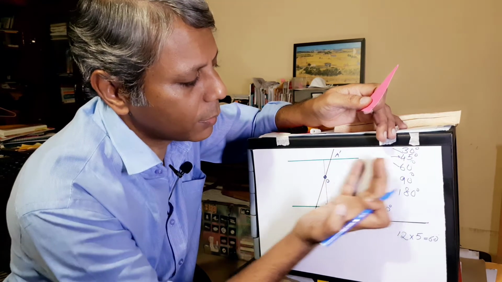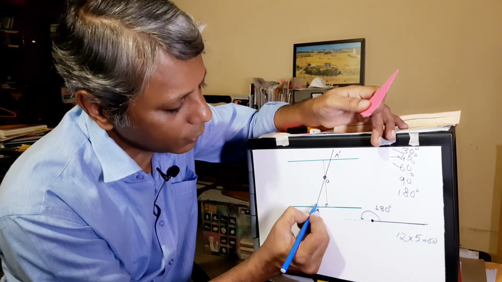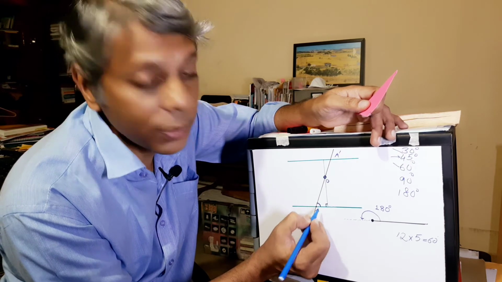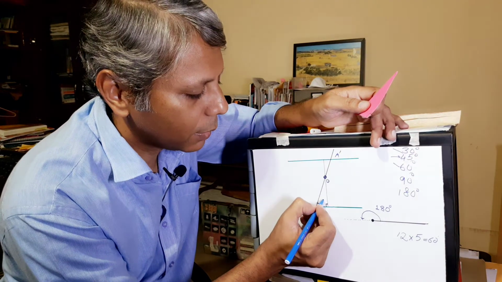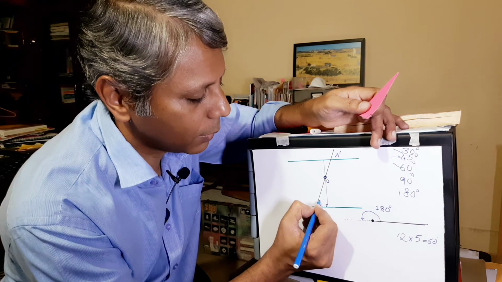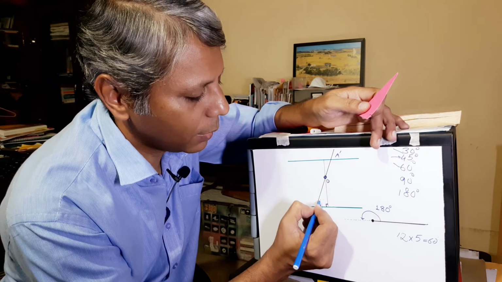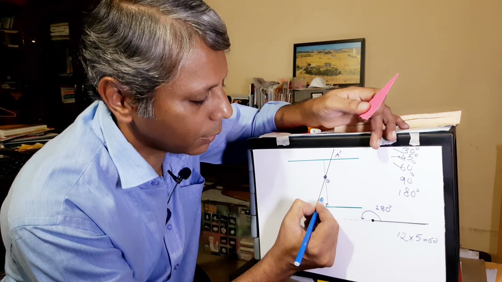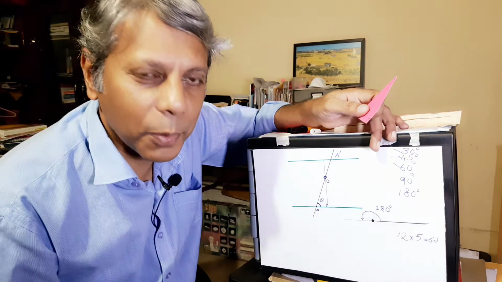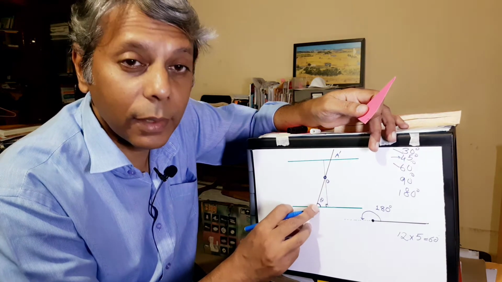So wherever this black line goes with the same angle, whatever this angle is, let's call this angle theta. These Greek letters are sometimes used, but let's call this angle theta.